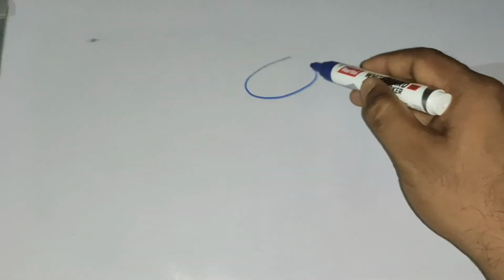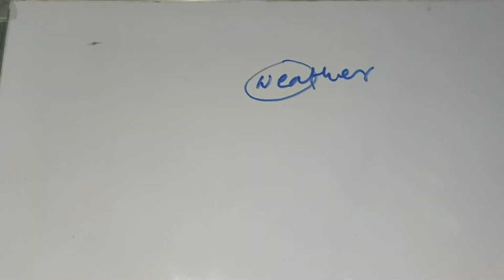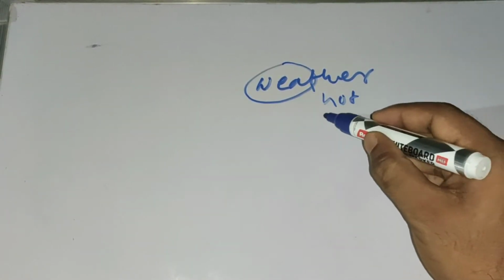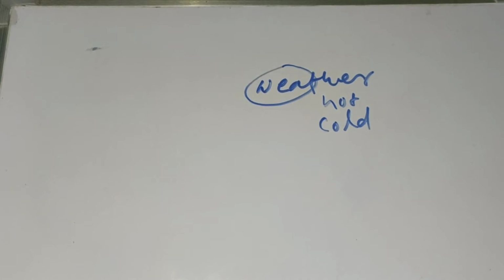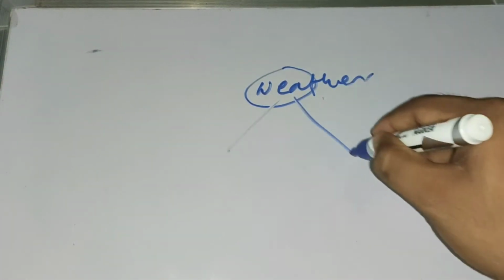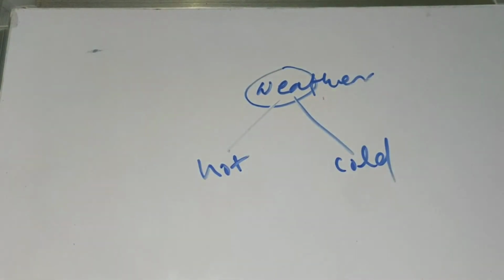If we see, the attribute is weather. In this weather, hot weather is there, cold weather is there. So simply, if we divide the weather into two opposite parts, this is hot and this is cold.